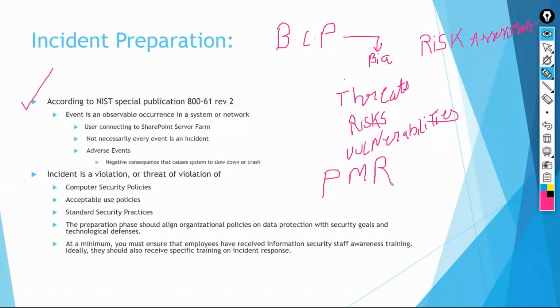So your BCP, your BIA, your risk assessment, and your problem management record are places from where you can identify the threats, risks, and vulnerabilities faced by the organization, which you can include in your incident preparation.